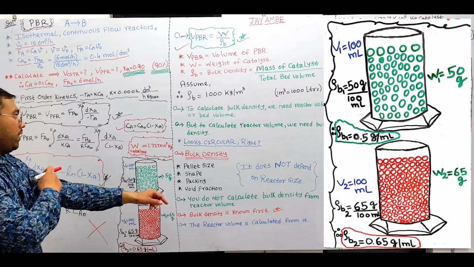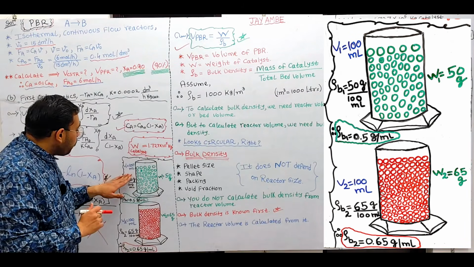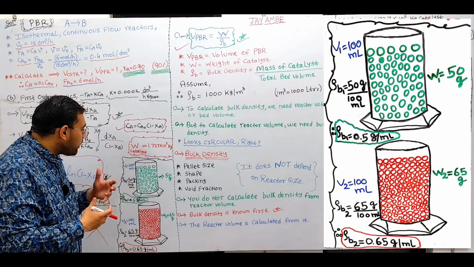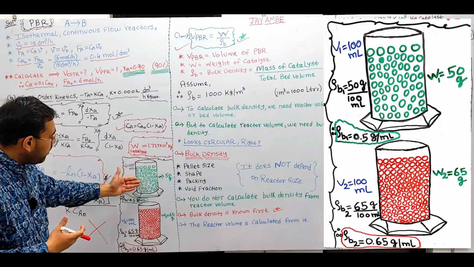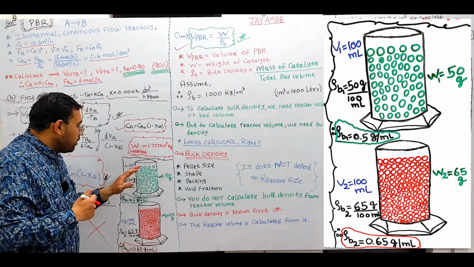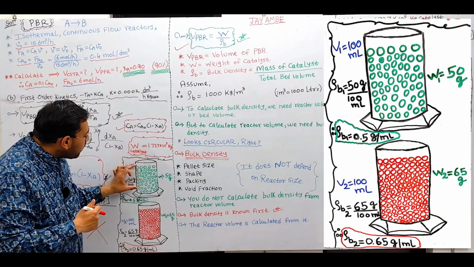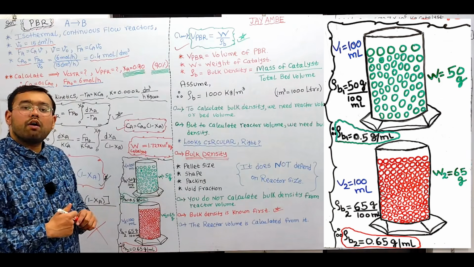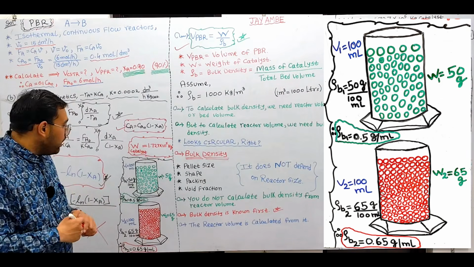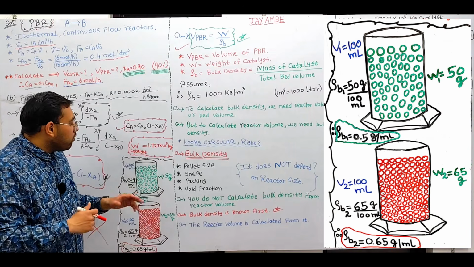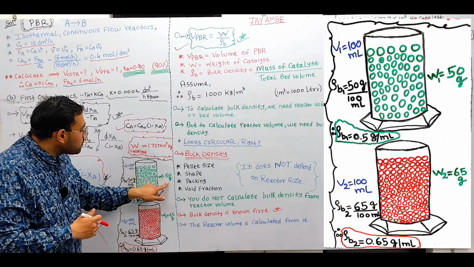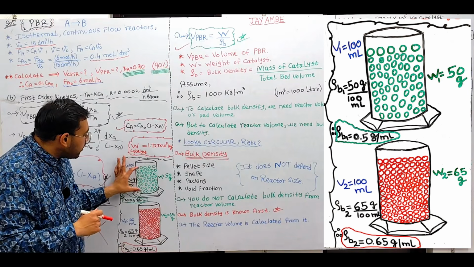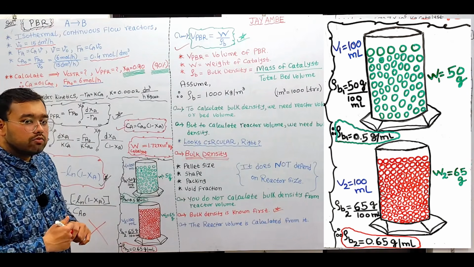Now in the first case, we are feeding the spherical catalyst into the hollow space of the measuring cylinder. Let's say we have filled the entire 100 ml volume of the measuring cylinder with 50 grams of solid catalyst, which means we have loaded 50 grams of spherical solid catalyst, and it occupies 100 ml volume of the measuring cylinder.